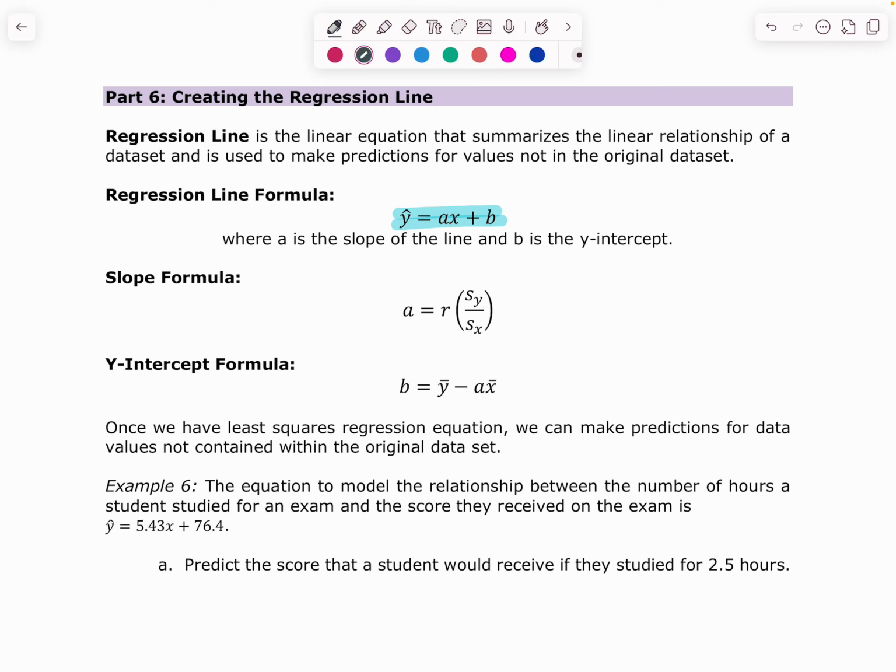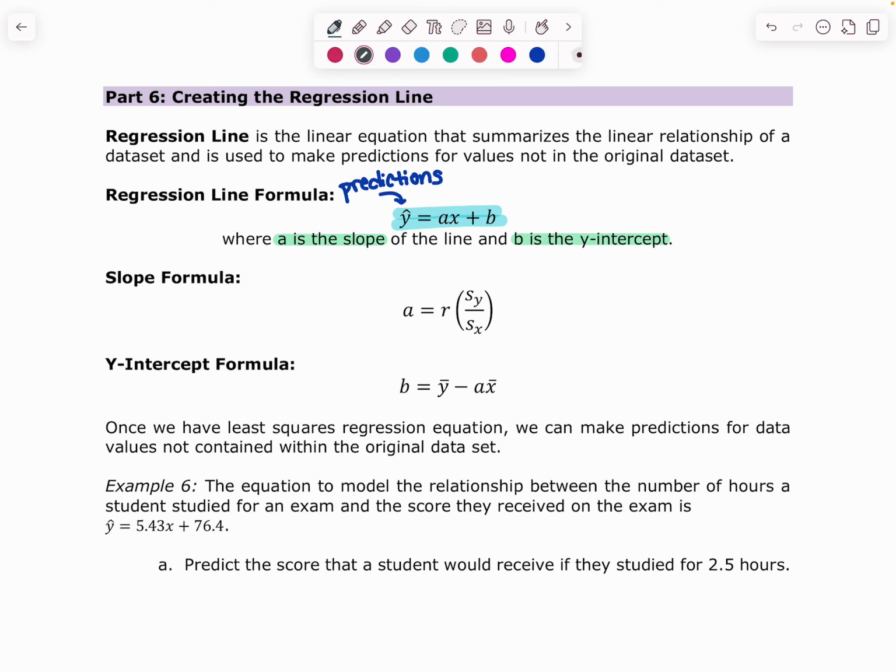However, in this case, we are using Y hat because we are making predictions. And then because we are in the world of regression and statistics, we use A to represent the slope, and we use B to represent the y-intercept.